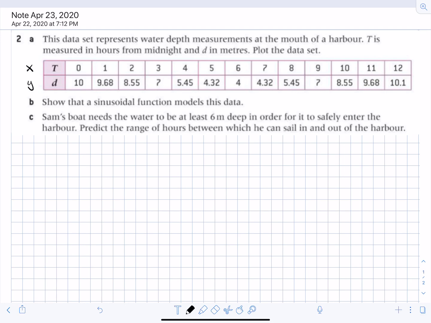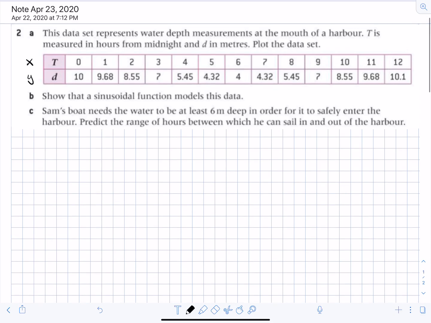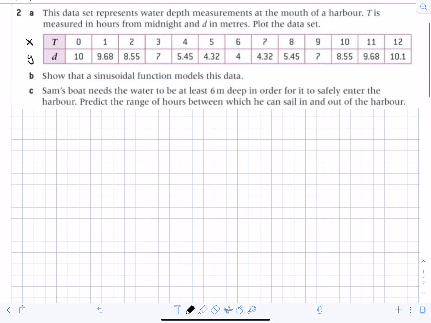Okay, so make sure that you set up a scale that works. So I need to go from 0 to 12 on the x-axis, and the depth of my water here, so let me move it up a little bit so I give myself as much space as I can.